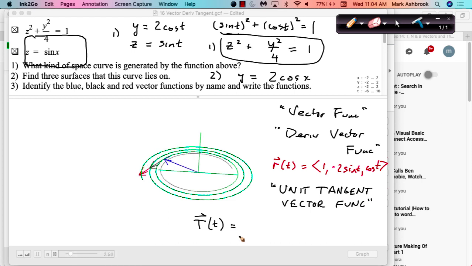Every vector in that vector function has a magnitude of 1. How would I write an expression to calculate that unit tangent vector function? Take the derivative vector function and divide it by the magnitude of itself. Oh, this was not right. What's wrong with this? I put the original. This should be r prime. If you noticed that, good.